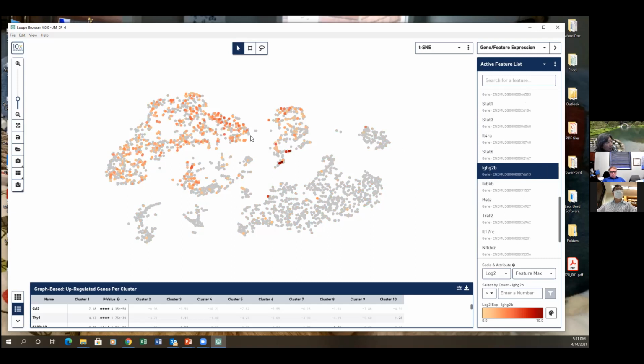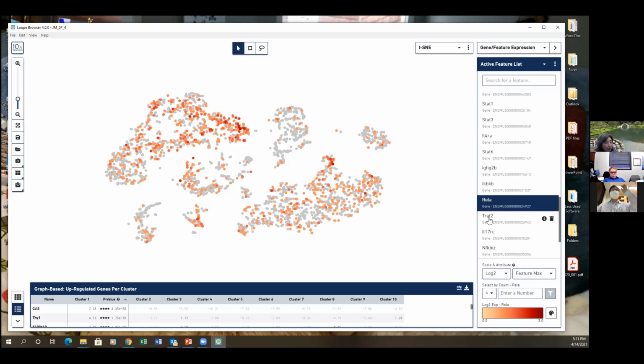So I think this is where the light zone was found here too. This is I kappa B, and it's here. This is RelA, the P65. I think it's consistent with where IL-17 receptor is right here.